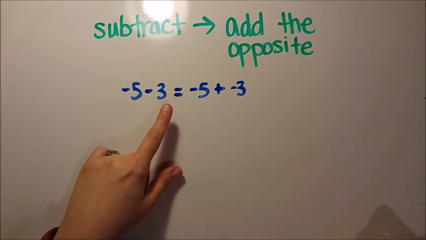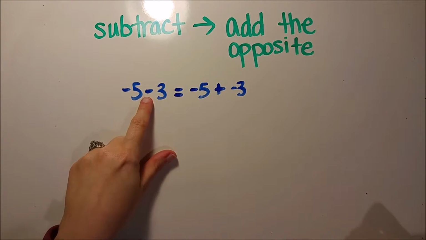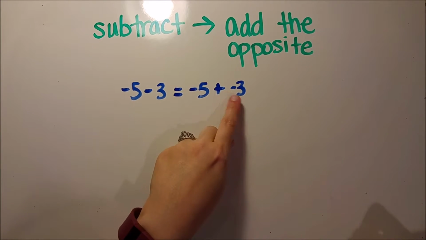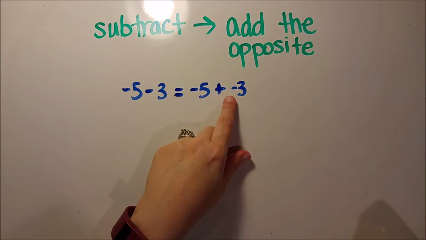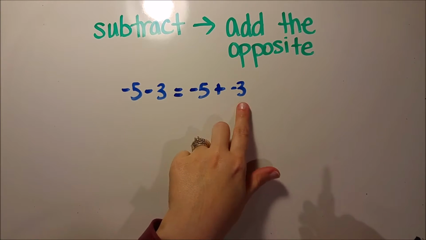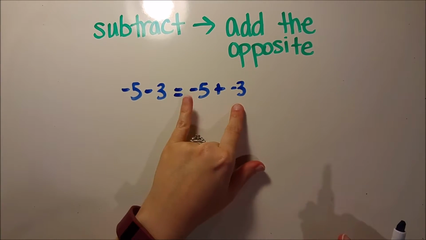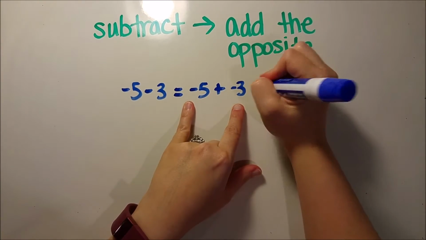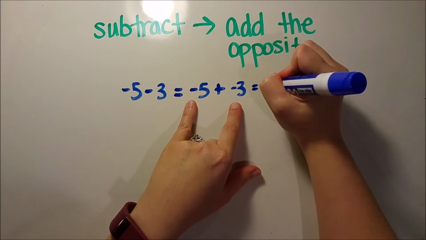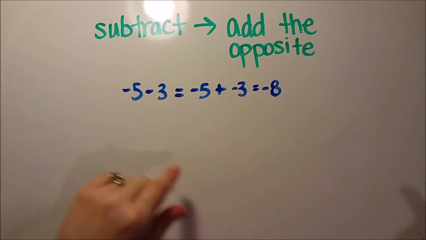Okay, so really we're just seeing this minus 3, and we're knowing that it's going to take away 3. Remember I told you negatives are like taking things away last week? So negative 5 plus negative 3, they're the same sign, both negatives, so we will add them together. That makes 8. They're both negative, so this will be a negative 8.